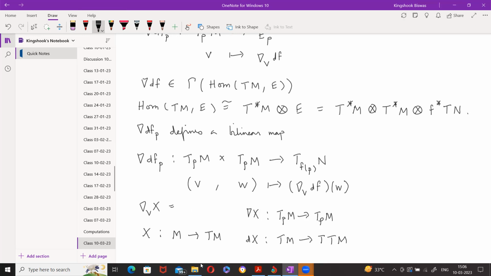Yes, sir. Right. This takes values in the double tangent bundle, that is the tangent bundle of the tangent bundle. So this is not what we want. What we want is this nabla X. This is a map from TM to TM. We've reduced the dimension by half on this right-hand side. This is what we want, this nabla X from TM to TM.